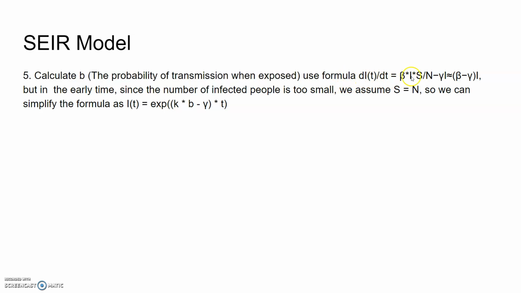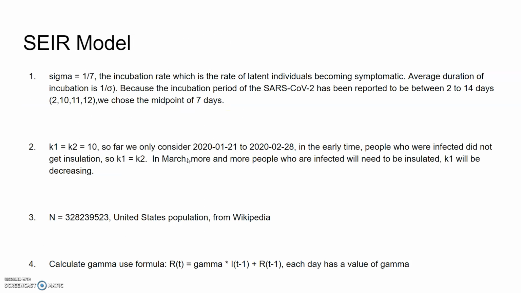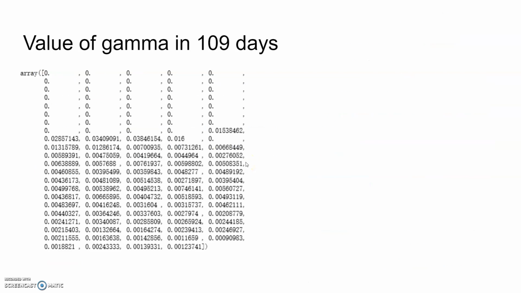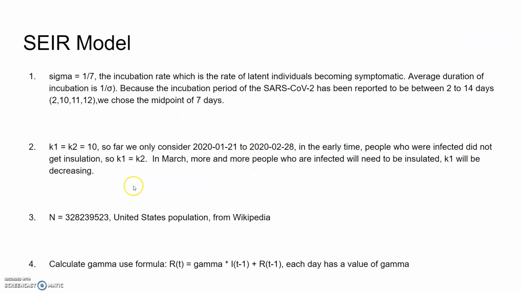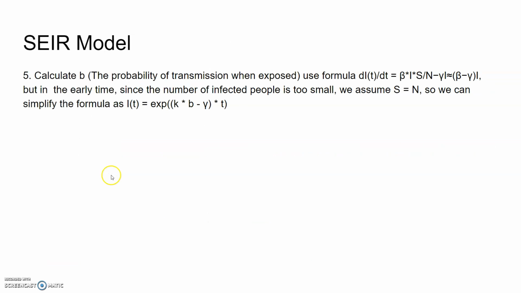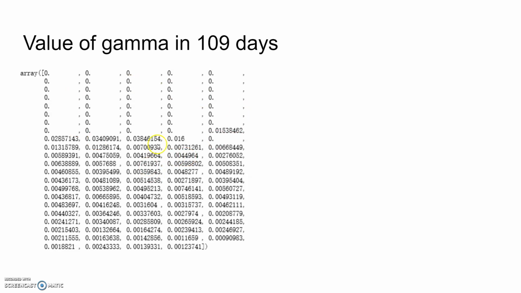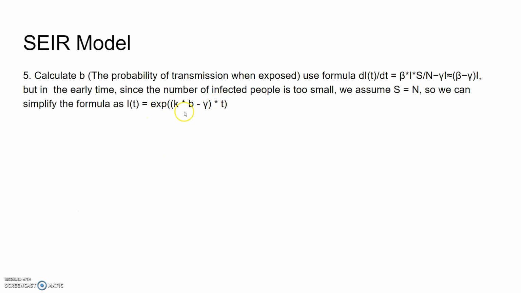We use this formula, but in the early time, since the number of infected people is too small, we assume that S equals N. So we can simplify the formula as I_t equals exponential of K times B minus gamma times T. We know I, the number of infected people, and the K we just set to 10, and the gamma we just calculated, and T, so we can get B.